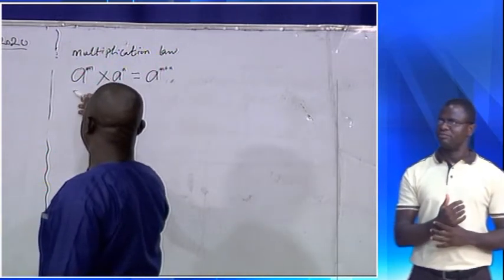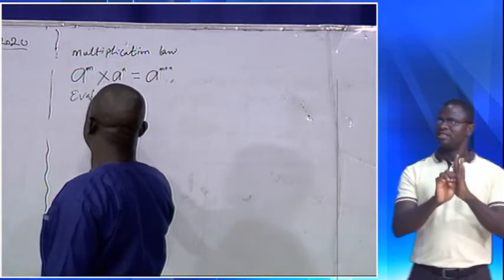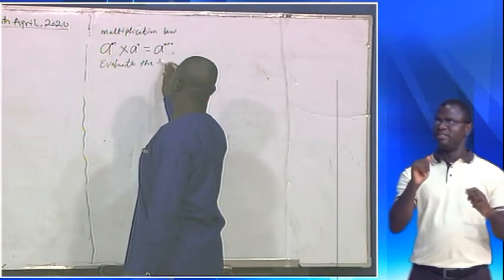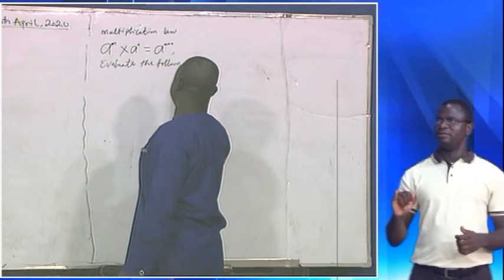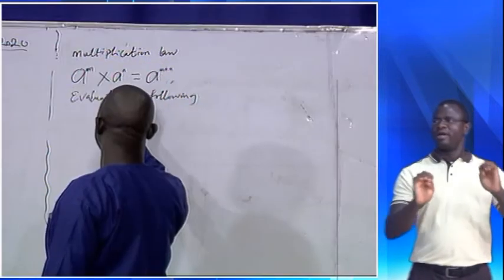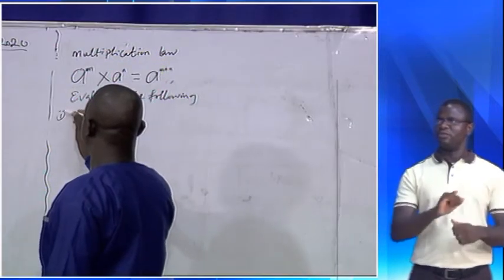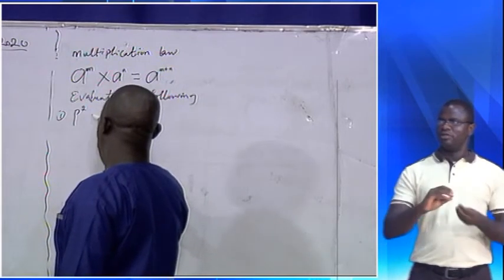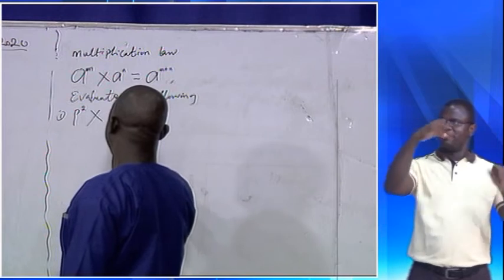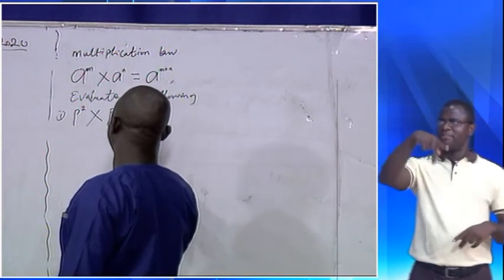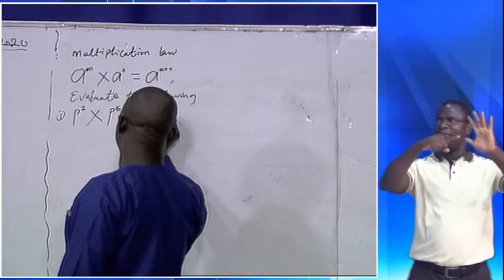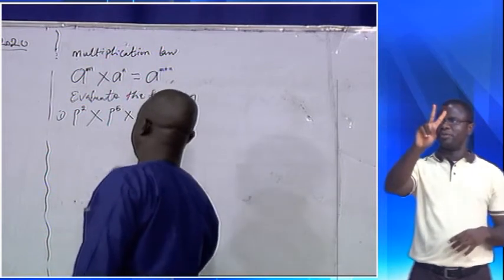So if we are asked to evaluate, maybe example one, p raised to power 2 multiplied by p raised to power 5 multiplied by p raised to power of minus 2.